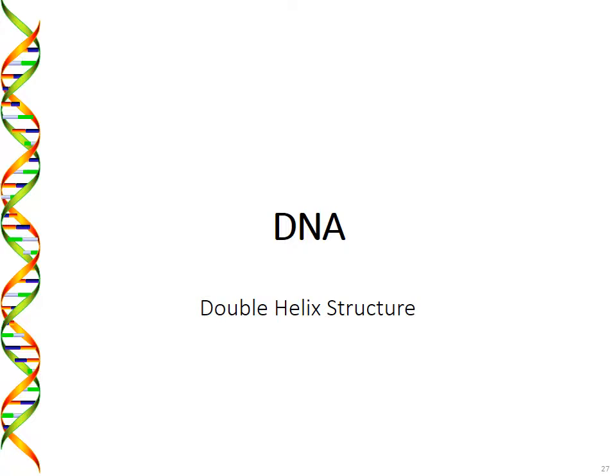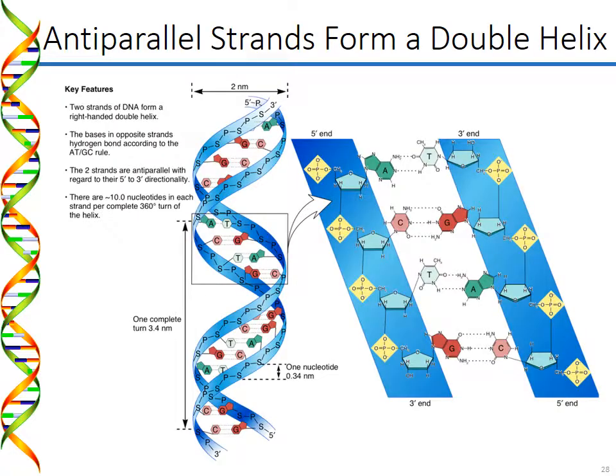Now let's take a look at how that forms the double helix structure that is the characteristic hallmark of DNA. The term for the opposite directionality that I showed on the previous diagram is anti-parallel. This indicates that one strand is in one orientation and the other is in the opposite orientation. When these strands get long enough, they are able to wrap around a central axis, and they form this characteristic double helix.